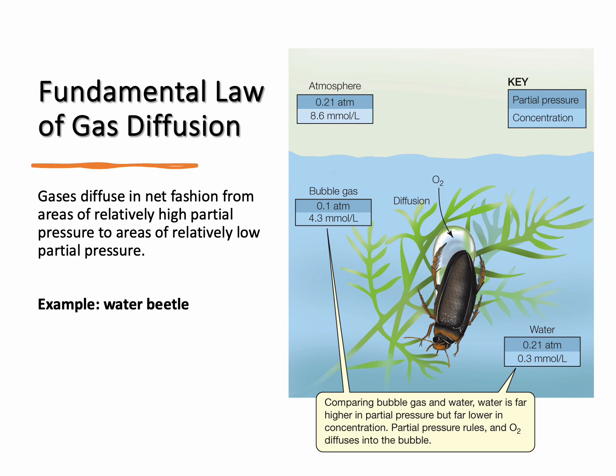So since oxygen in the gas bubble is 0.1 atmospheres compared to oxygen in the water, which is 0.21 atmospheres, oxygen will diffuse into that gas bubble. And then you got to go watch the video to see how that oxygen allows the water beetle to stay underwater, even though it doesn't have gills, for about 30 minutes and act like a mini scuba tank.